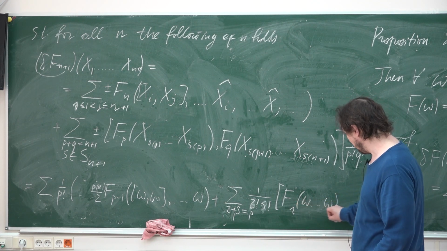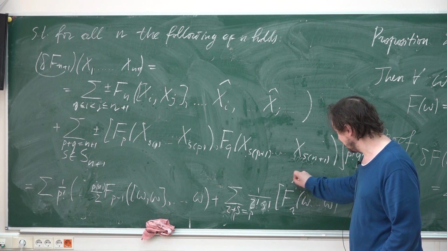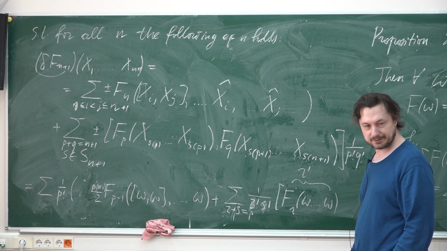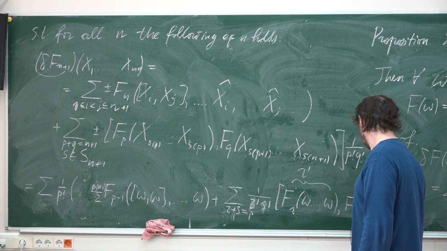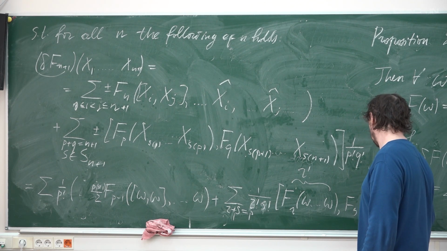You see, there will be not just one term of this form, but there will be exactly r factorial terms of this form, right? f s of omega.